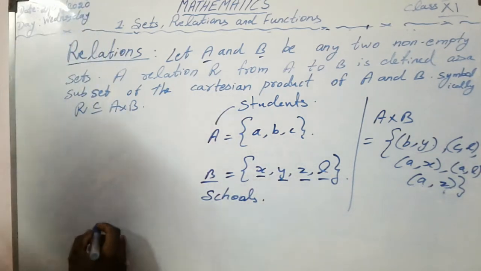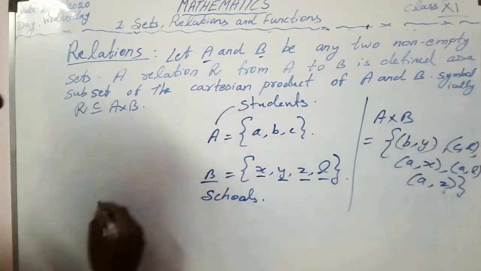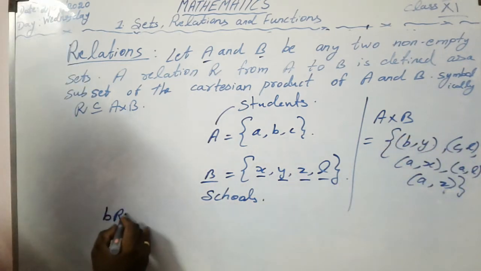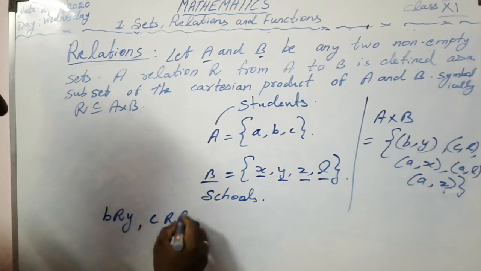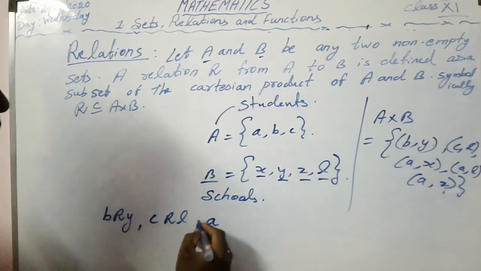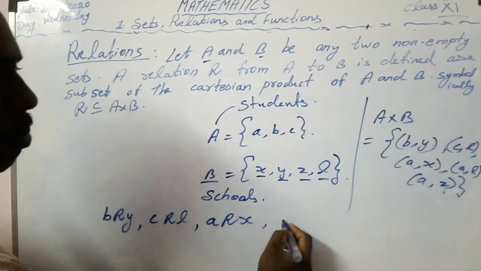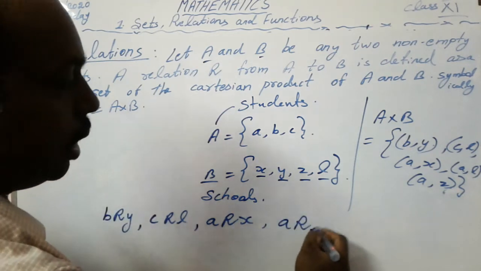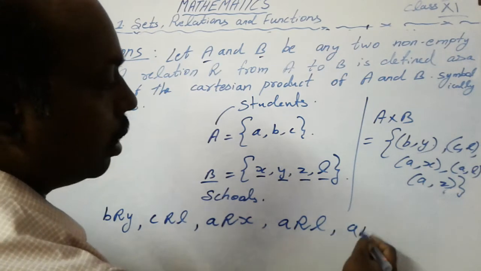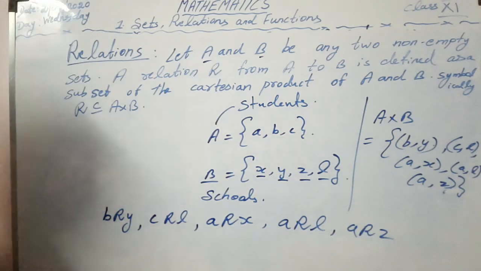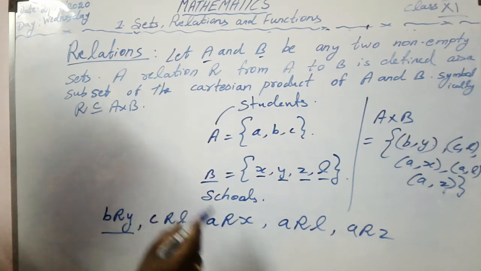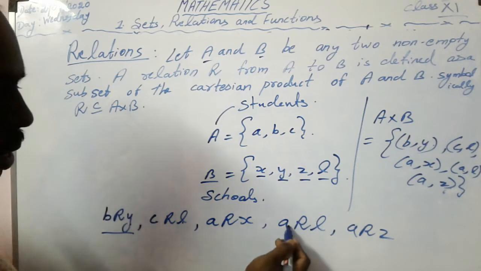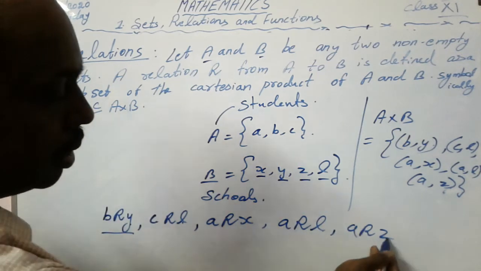So how will you write the relations between these two? b is related to y. Am I right? c is related to l. Then a is related to x. a is related to l. a is related to z. So with these relations, b is the student of y, c is the student of l, a is the student of x, a is the student of l, a is the student of z.